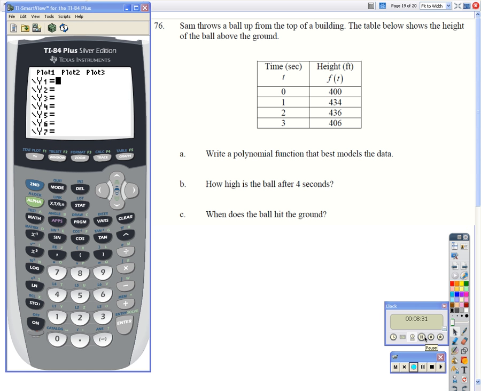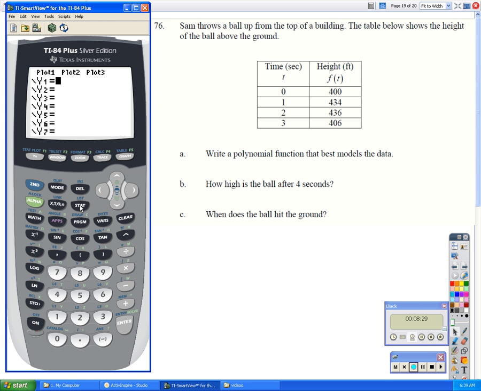Okay, so given the data, I'm going to use the stat function of my calculator. I'm going to enter the t-values into L1 and the height values into L2.